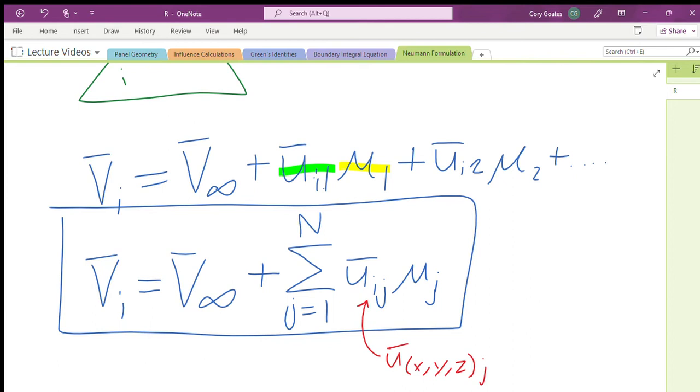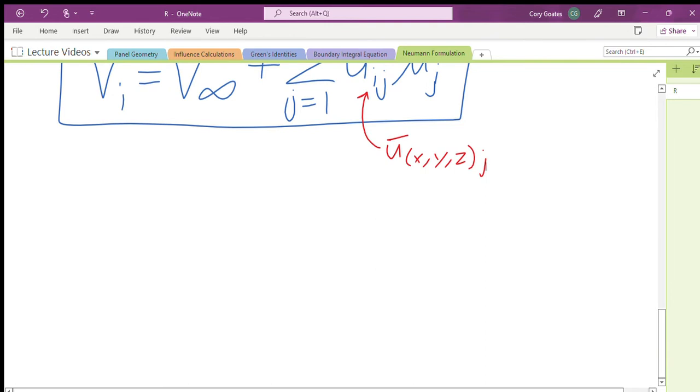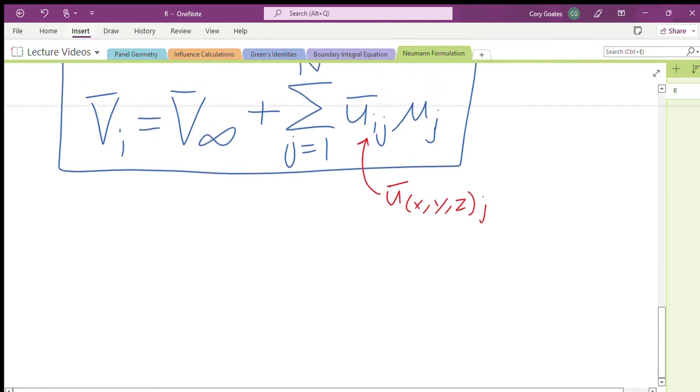Now we don't use that here because we're specifically saying we're dealing with the centroid of panel I, and so we don't need to worry about that. But that's just something to keep in mind, something that you can use later on in case you want to calculate bulk field properties and not just surface properties out of your panel method. So this is for panel I, and enforcing that boundary condition on this, I can write the equation.